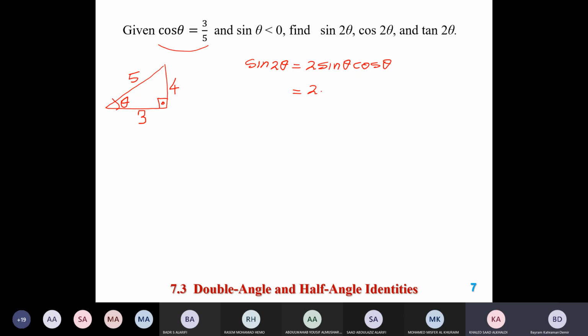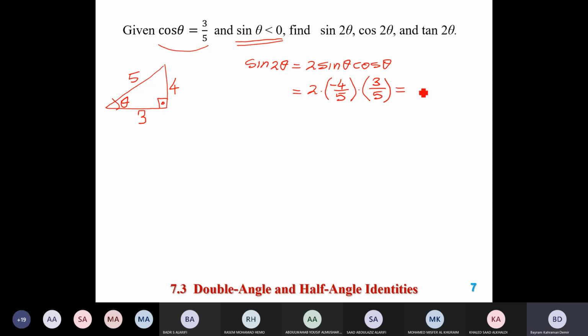Yes, the cosine is positive and the sine is negative, so on the fourth quadrant. Yes, perfect. That's why they give you sine theta is less than 0, so that you understand the location. So we are in quadrant 4, where of course sine is negative. So it will be negative 4/5. And the cosine is already 3/5, Shabab.